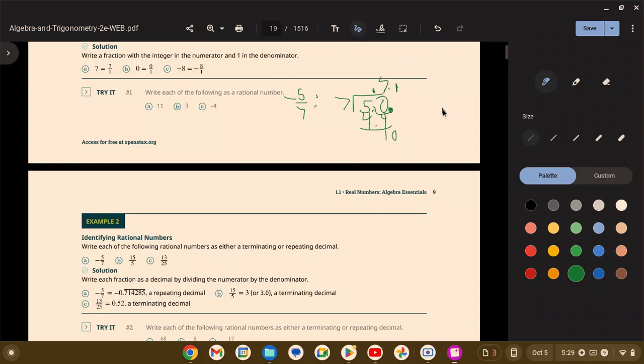So let's see if I can get to there. 10, 7, 3, 0. Goes in there 3 times. 27, 3. Did I screw that up somewhere? Sorry, 28. 4 times. So that's 28, 2, 0, twice.